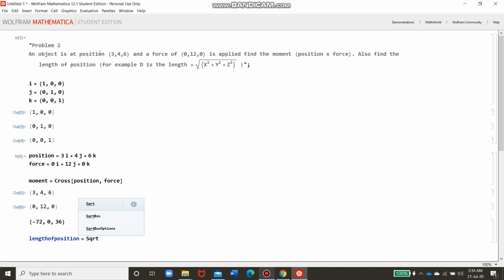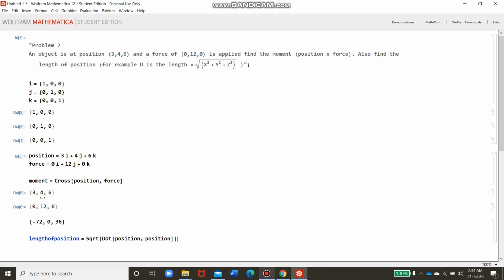Or you can just go to the palettes and open it and do it the hard way, or you can use the command directly. Square root, open square bracket, and in the square bracket, if I write dot of position, comma, position, and close the bracket, if I write it in this way, do you think my answer is correct?